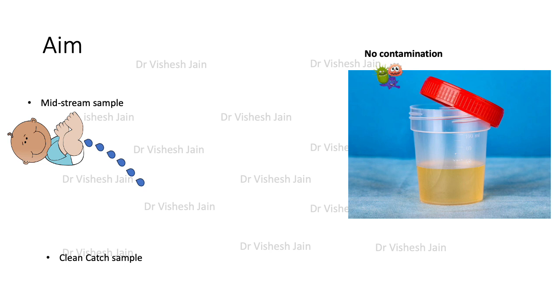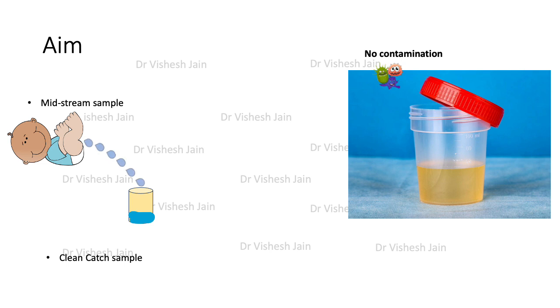There are two terms used while collecting the urine: a midstream sample and a clean catch sample. A midstream sample means that once the child starts passing urine, the initial part is discarded, and the urine in the middle is collected directly into the container. During the initial part of passing urine, the urine flushes the bacteria present around the opening.